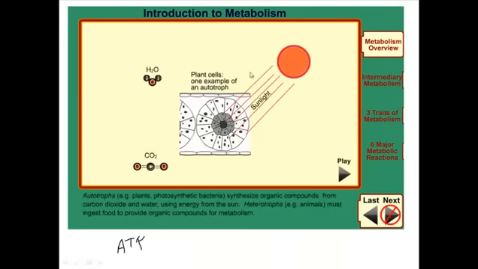So now, for example, the first of this metabolic system starts in the green plants. Those green plants have special cells, and the cells contain green colored chloroplasts which are filled with a green colored molecule called chlorophyll.